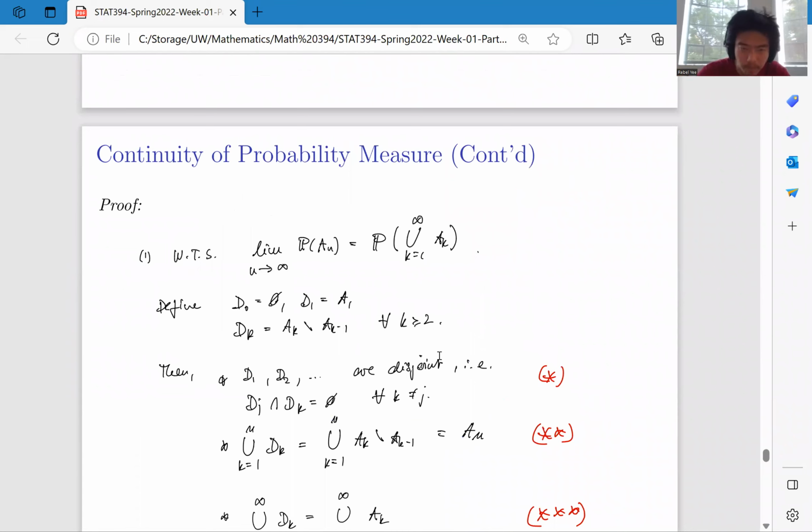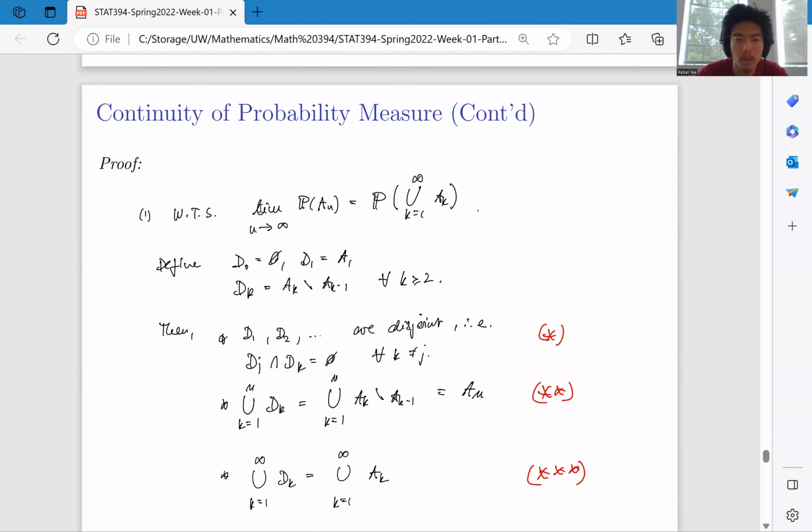First, the property we want to show is here, and we will define some new sets like D0, D1, D2, D infinity, something like that. We define D0 equal to the empty set, D1 is A1, and D2 is A2 minus A1. For all k greater or equal to 2, Dk is Ak minus A(k-1).